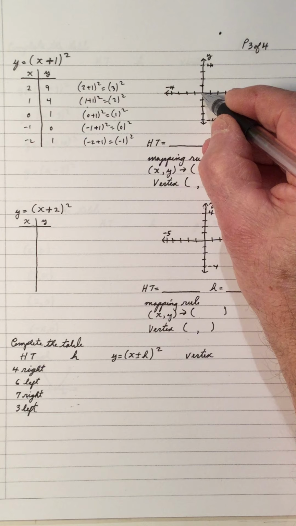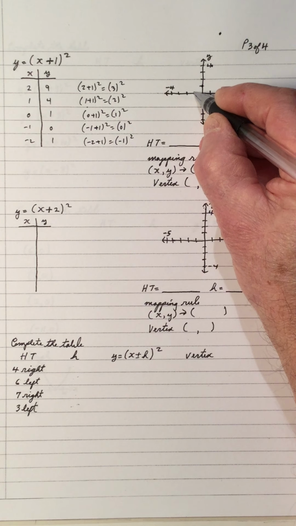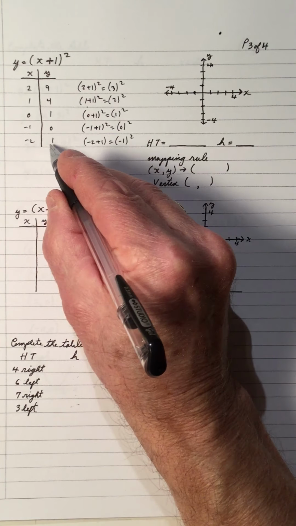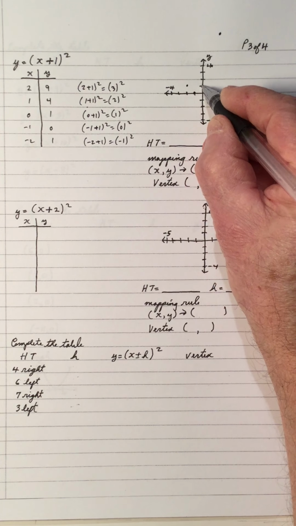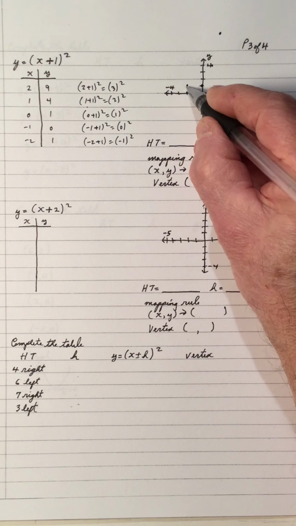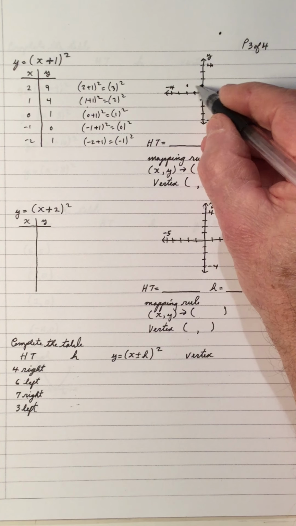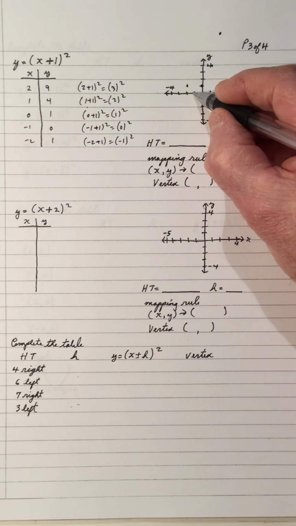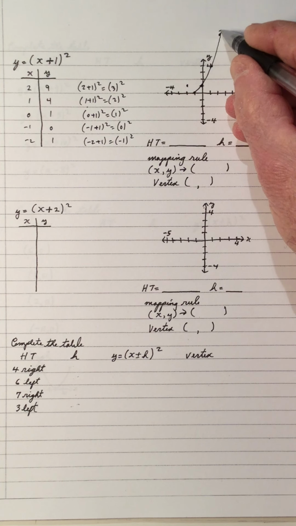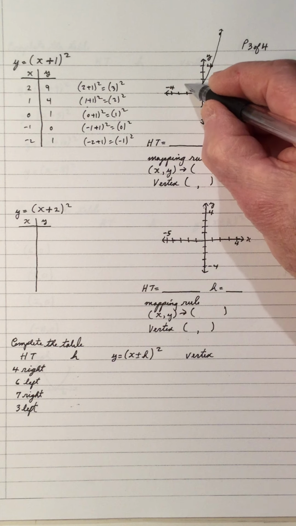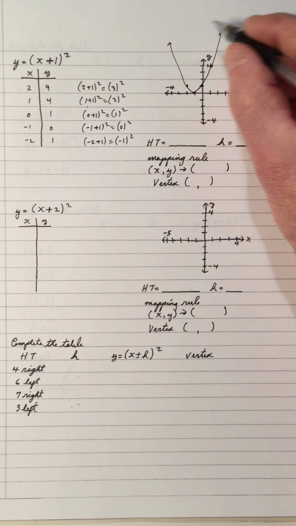X is negative 2, y is 1. And you can see again that these two values are the same, 1 and 1. So the parabola on the right side is right here, and the parabola on the left side is right there.